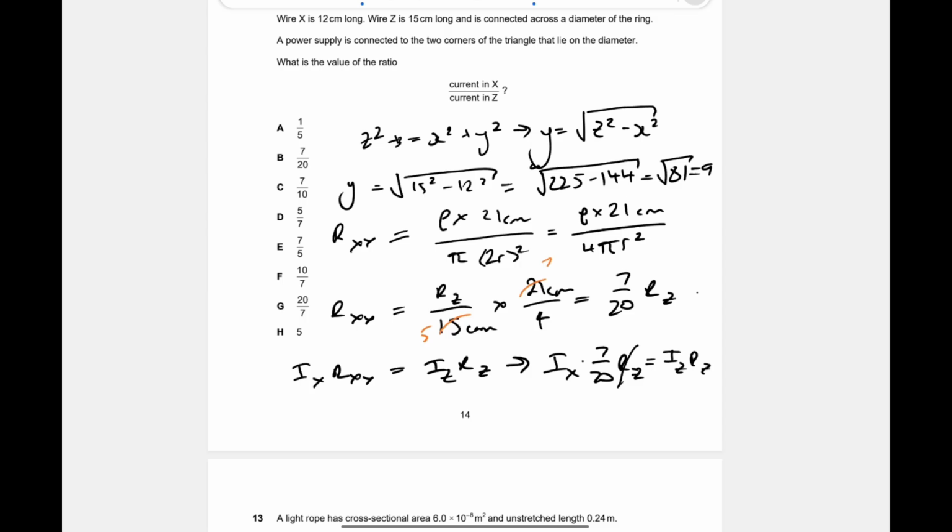Just the Rz's cancel. So then we get Ix over Iz equals 20 over 7. That's G.